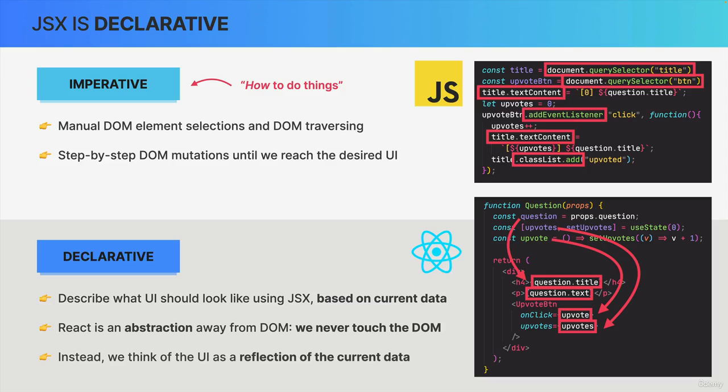Instead, we think of the UI as a reflection of the current data and let React automatically synchronize the UI with that data. So, in essence, the difference between imperative and declarative is that in the declarative approach, we use JSX to tell React what we want to see on the screen, but not how to achieve it step by step. React can figure that out on its own, basically. And this has many advantages, as we will see throughout the course.